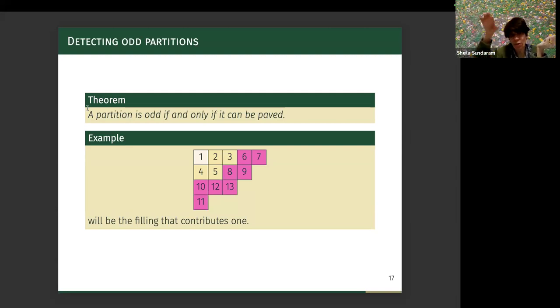So that all the ones form a rim hook, and then all the twos form a rim hook, right? And then you just count how many different ways there are of filling your lambda, and there's a sign, and the sign is -1 to the one less than the number of rows that a particular i occupies. And then you multiply all the signs together, and that's called the sign of your rim hook.